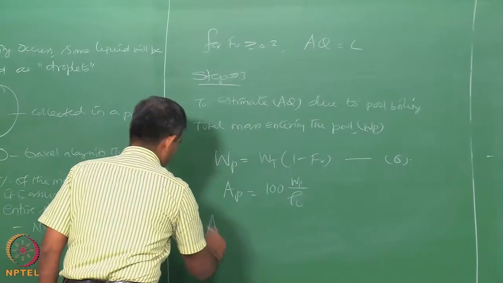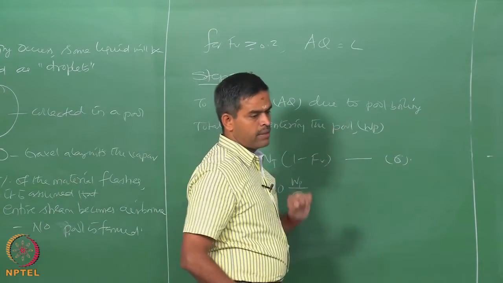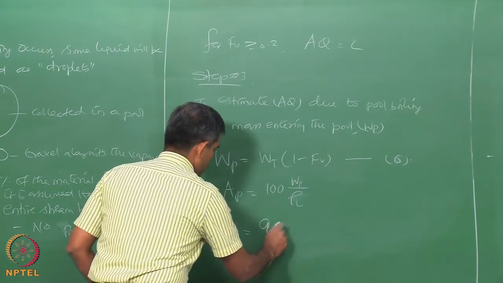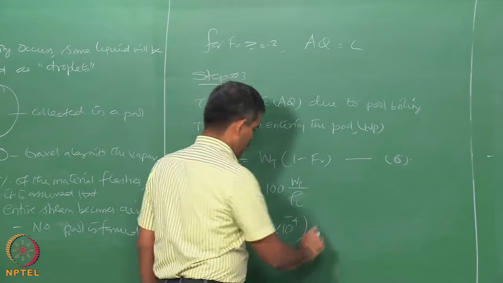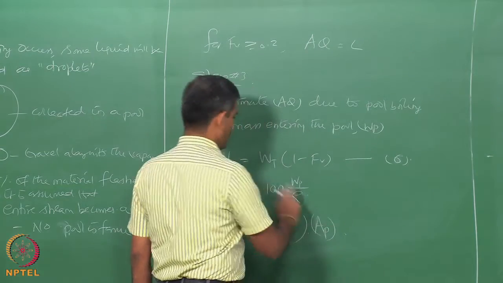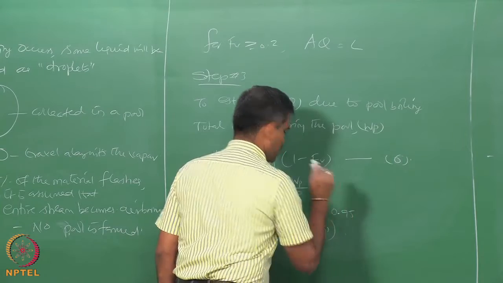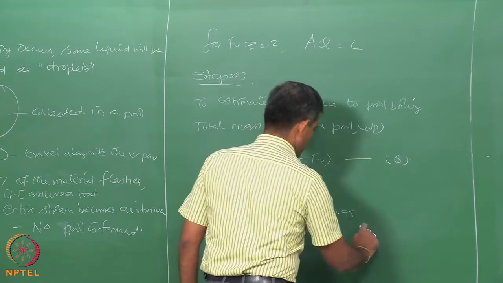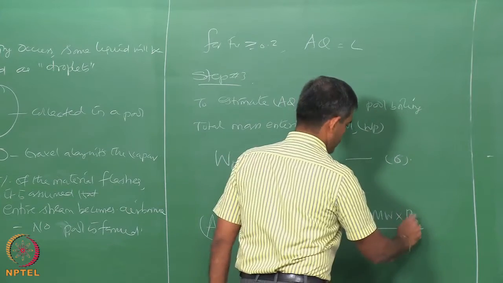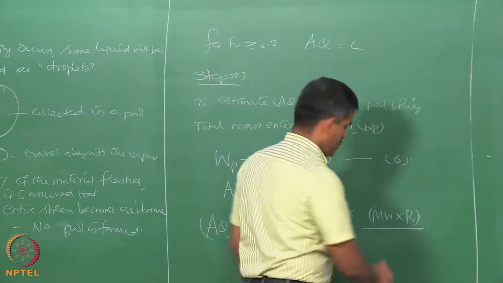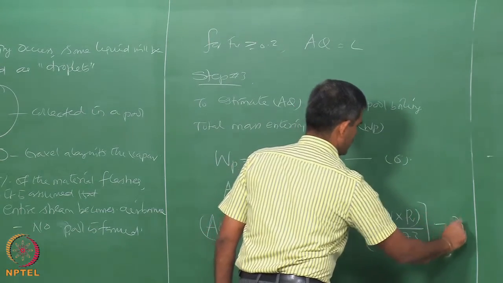And AQP, that is the airborne quantity coming from the pool boiling, will be given by 9 into 10 power minus 4, Ap, which we compute from here, multiplied by 0.95 into molecular weight into Pv by (T plus 273), equation number 7.